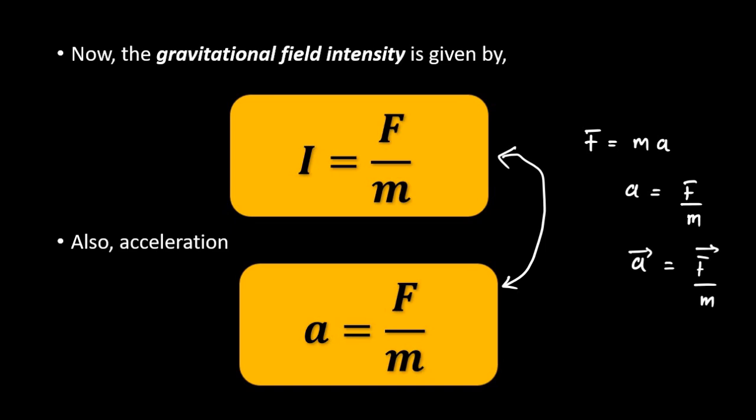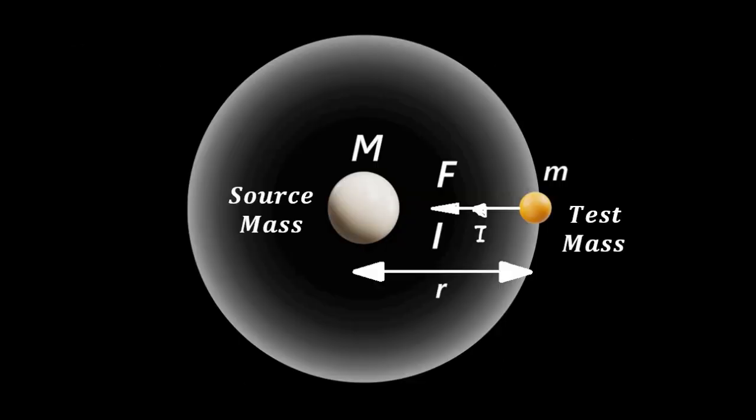So what it means is that if we have an object within the gravitational field of another object, here the test mass being within the gravitational field of the source mass, if the test mass is free to move, it will move with an acceleration A towards the source mass.